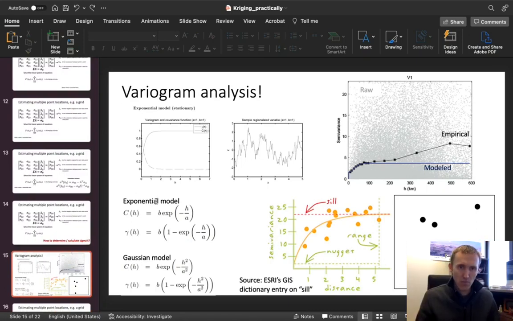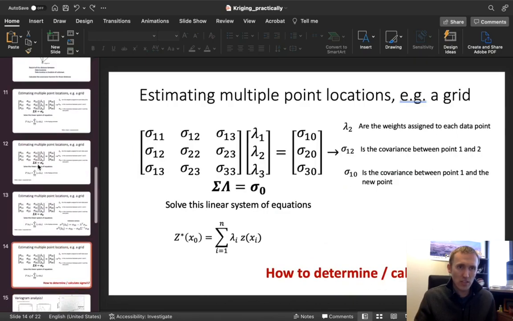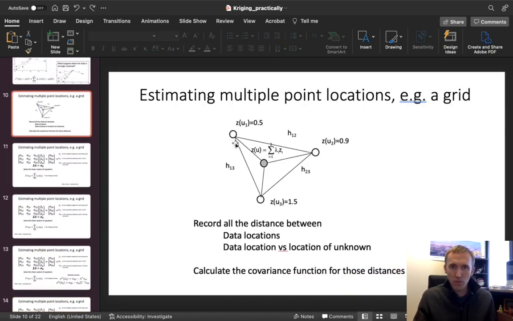And then once we have our model, we fit the parameters of the model to this empirical variogram, and then we can simply take this expression now for the covariance, whether we're using an exponential model or a Gaussian model or a spherical model, any other type of model, we'll know what the covariance is as a function of h. Actually, let me back up here. For each pair of our data points, we know what the distance is between them.